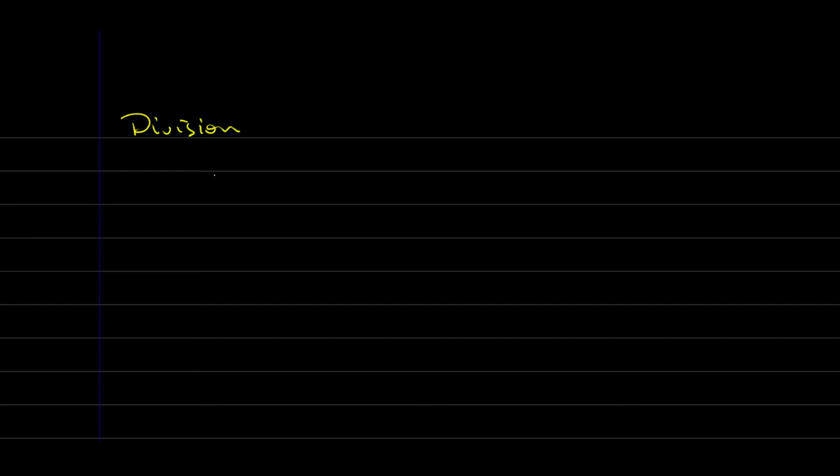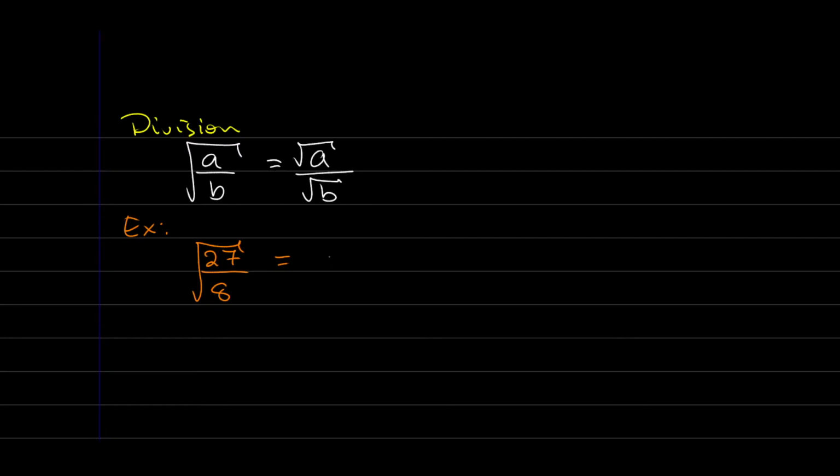The division property is that if I have a number divided by another number and I have the root of that, it is equivalent to the square root of the first number divided by the square root of the other number. All right, so if I want to do an example, say I have 27 divided by 8, and I take the square root of that answer, then I'm going to have the square root of 27 divided by the square root of 8.